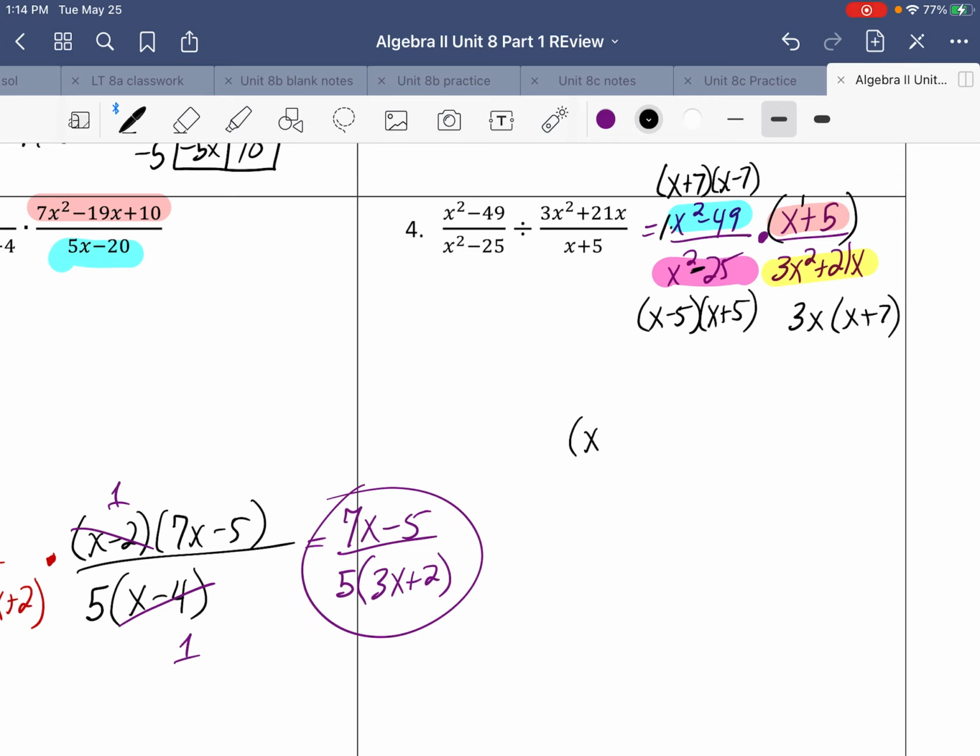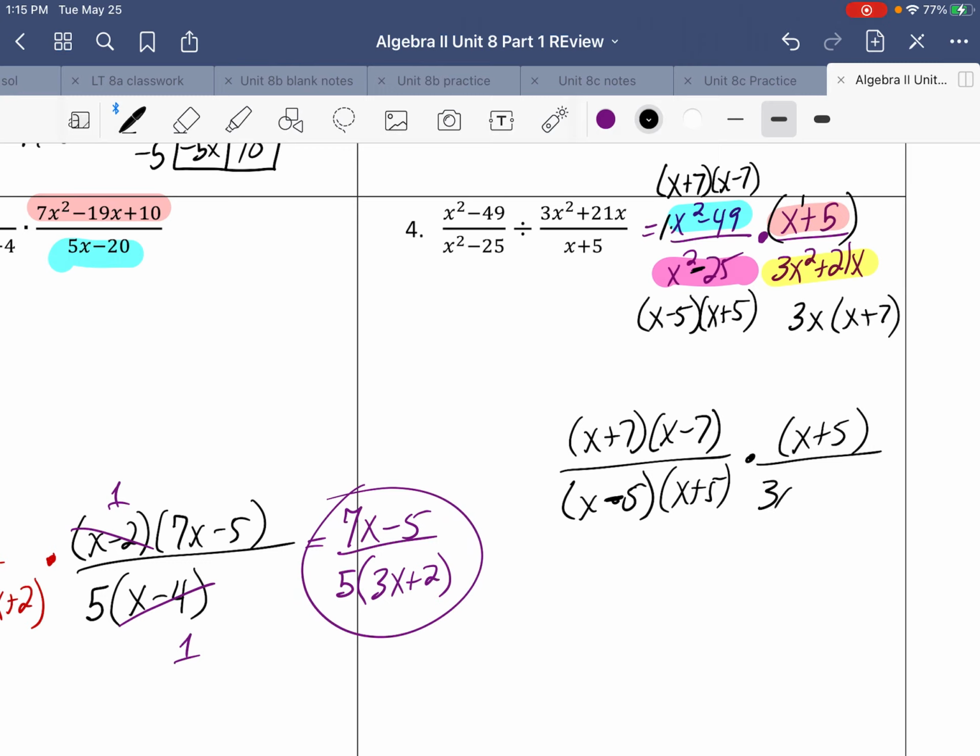Let me rewrite what we have. We have x plus 7 is the first numerator, times x minus 7. First denominator is x minus 5, x plus 5, times x plus 5, over 3x times x plus 7.